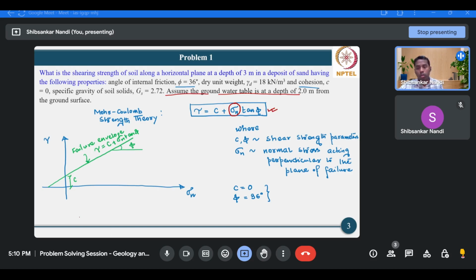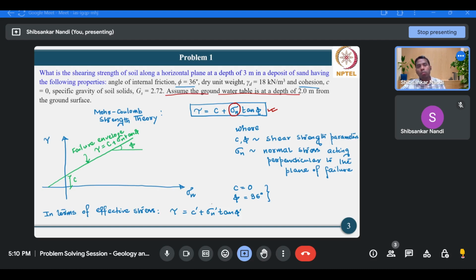So if we write this Mohr-Coulomb strength equation in terms of effective stress, it would be tau equals C prime plus sigma n prime tan phi prime. So C prime and phi prime we will consider as given, and sigma n prime we have to calculate.